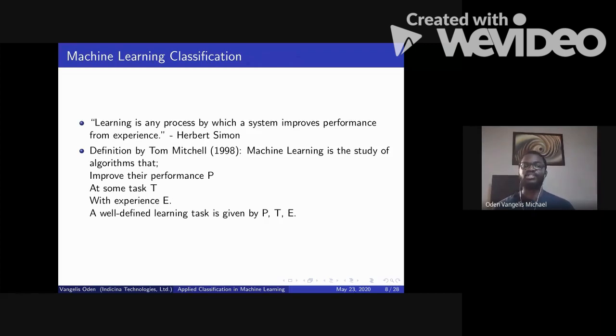So machine learning is the study of algorithms that improve their performance at some task T with experience E. So a well-defined learning task is given by these three statements: improving their performance at some task T with experience E.